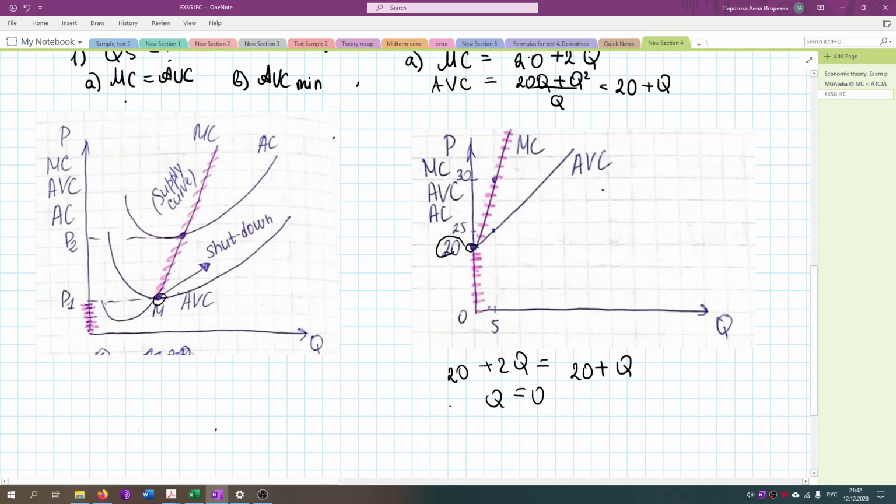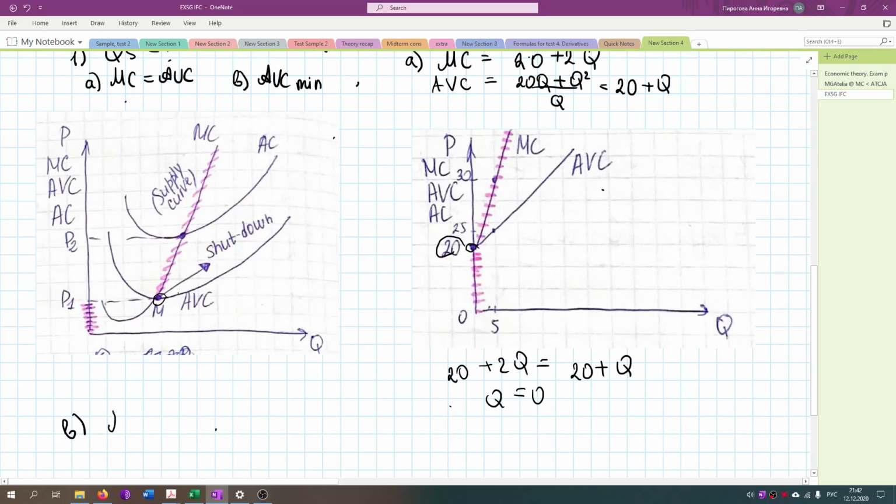And our part B is about the case where our average variable cost is at its minimum.